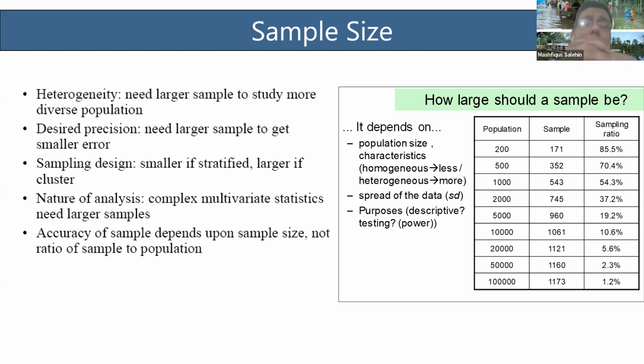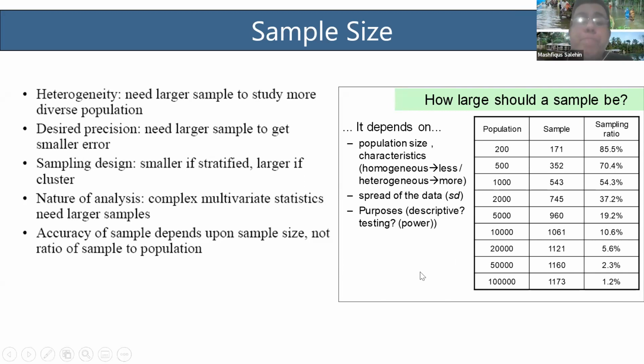But it cannot be so large that we cannot accommodate it with the time and money that we have. So there's always this trade-off, but we cannot compromise much on the required accuracy of our analysis, the very objective that we started the research with. So sampling design is very important.